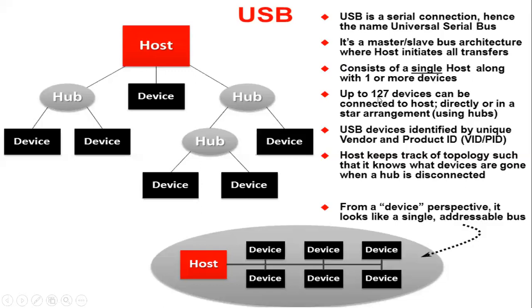Up to 127 slaves are connected by using a star connection with the help of a hub. These devices, that means slaves, are identified by vendor and product ID, which is used to identify a particular slave or device.